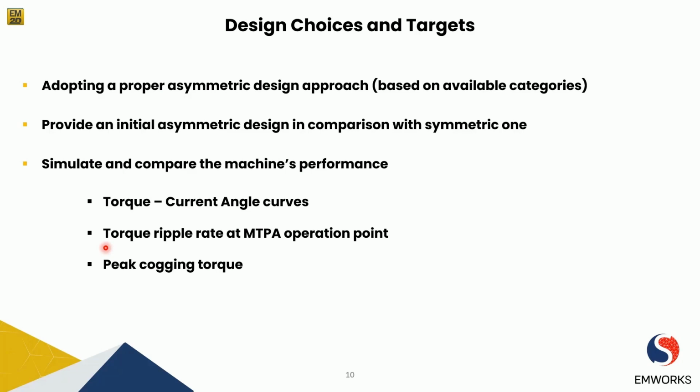We want to achieve higher torque when we are analyzing the torque current angle curves, and also we want to have a smooth operation. We want to minimize the torque ripple at different operation points, especially the maximum torque per ampere operation point, with respect to different current amplitudes.